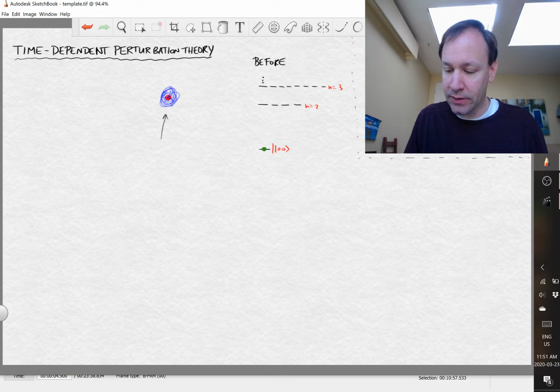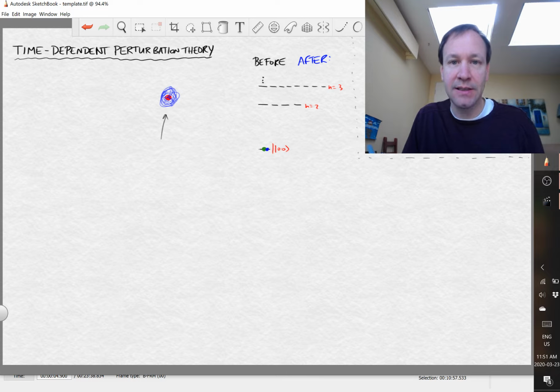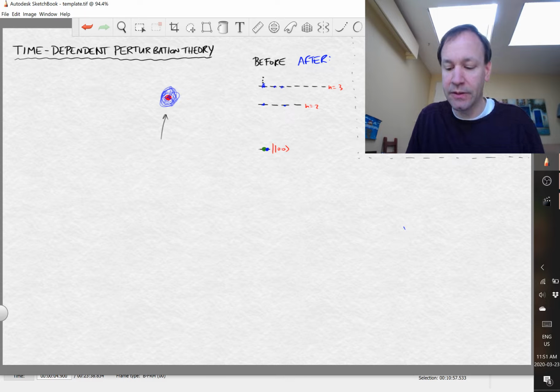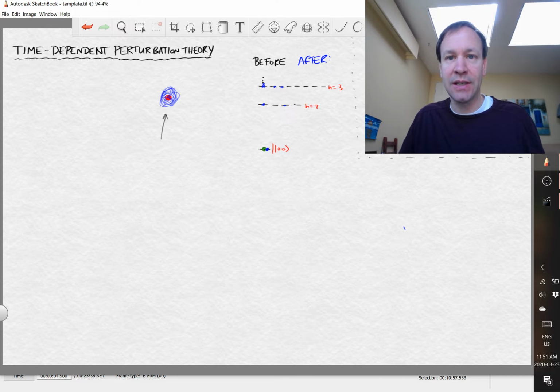And so let's draw the after picture in blue. So the after picture might look like a linear combination where you might have still some contribution from the ground state, but then maybe there's also some probability that you've made a transition up to some of these other states. And so your final state is going to be maybe some linear combination of the energy eigenstates of hydrogen.